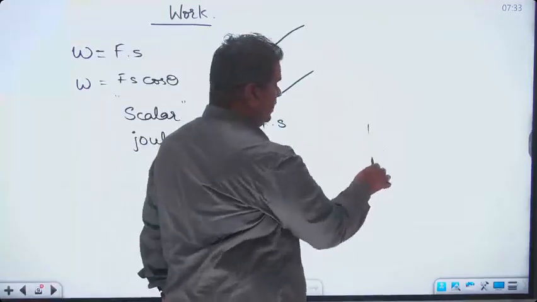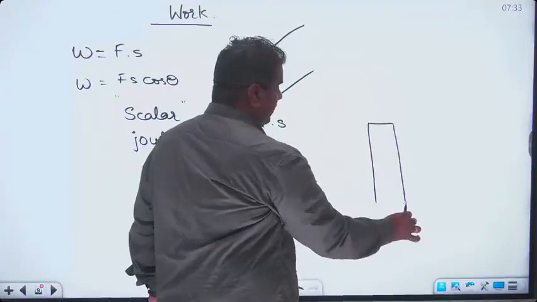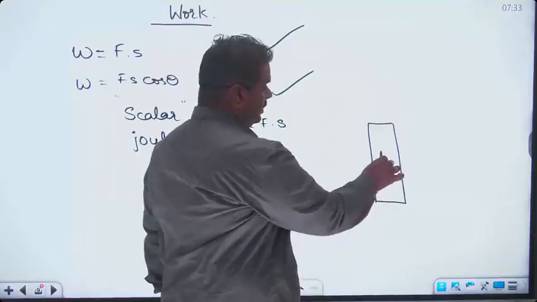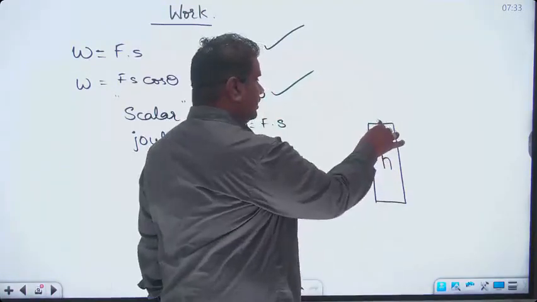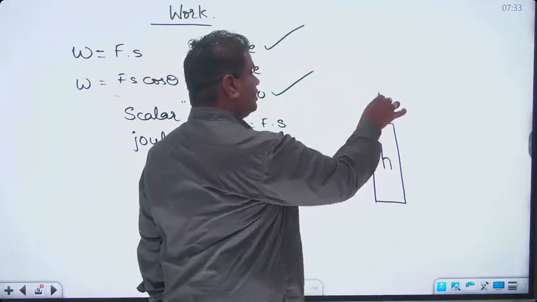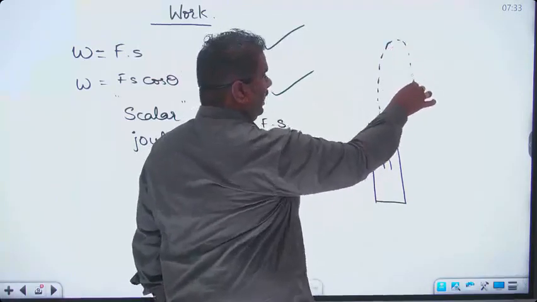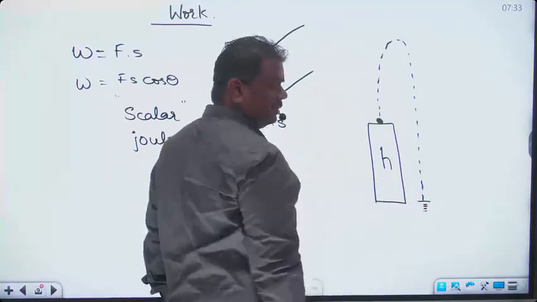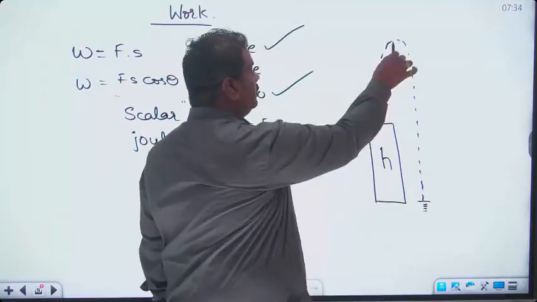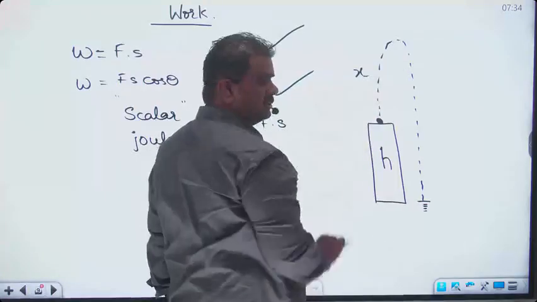So what is that? Now for example, let's say a building or a tower. So the tower height is equal to h. Now from this tower you are throwing an object in the upward direction, and this object is traveling like this and finally reaching the ground. From here to here assume it is equal to x.